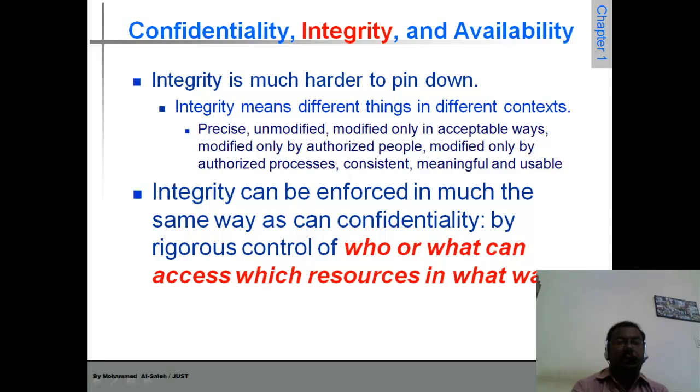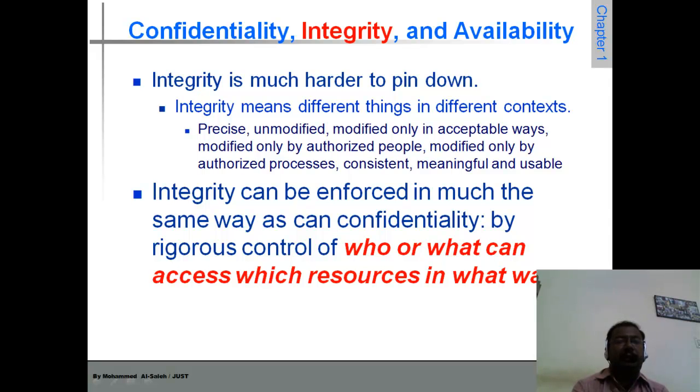It can be left unmodified, modified only in acceptable ways, and modified by only the authorized people. So these are all considerations you take, and modified only by the authorized processes, consistent and meaningful and usable. All these things should be taken into consideration before you actually look for integrity in a system.